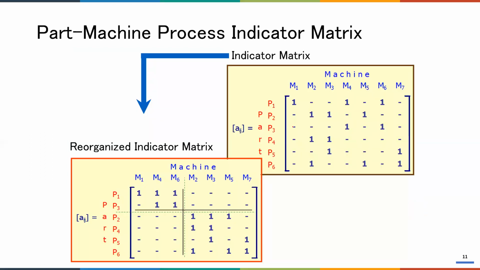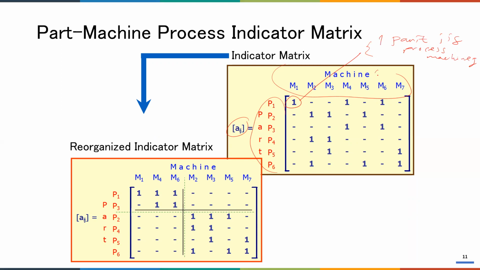How we can conduct the cell manufacturing system in our facility is by having the part-machine process indicator matrix. So what is this indicator matrix? It's a matrix of parts and machines with Aij as the variable, where Aij is equal to 1 if part i is processed in machine j.